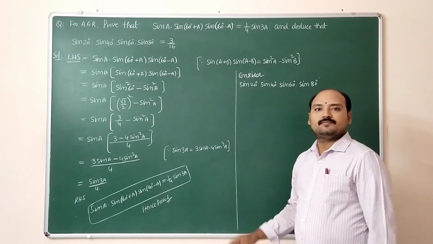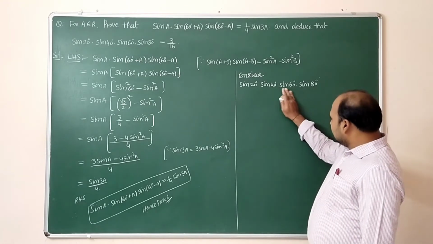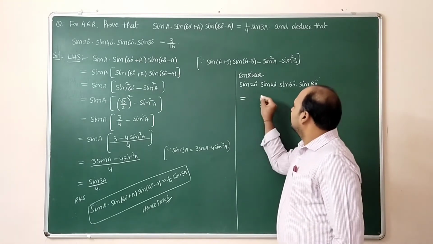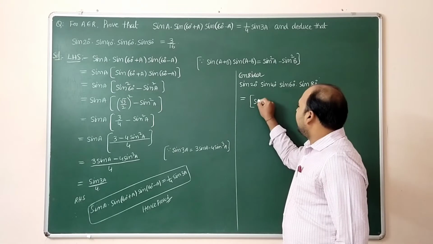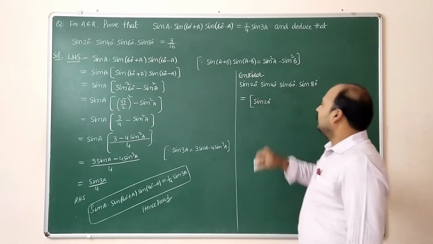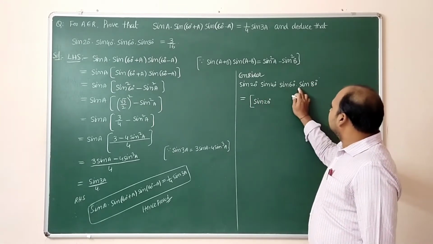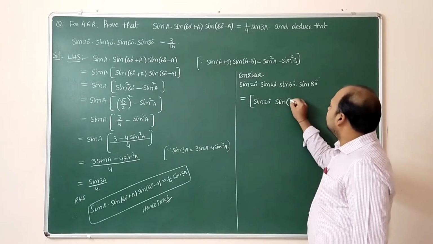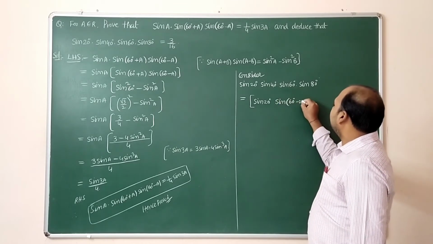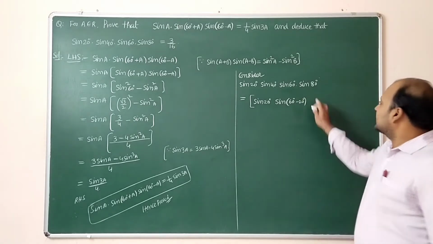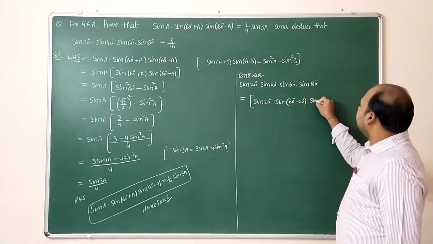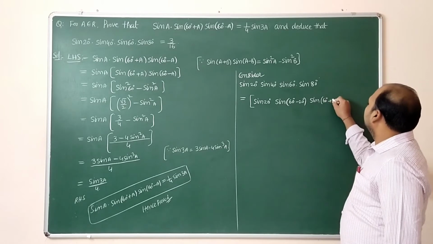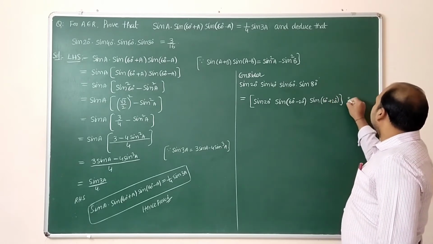Now, except sin 60, see here, sin 20, sin 40 can be written as sin of (60 minus 20). Is it possible to write? Sin 80 can be written as sin of (60 plus 20) into sin 60.